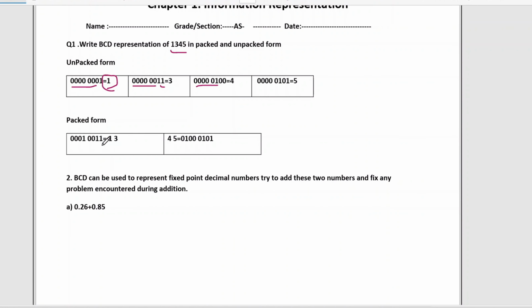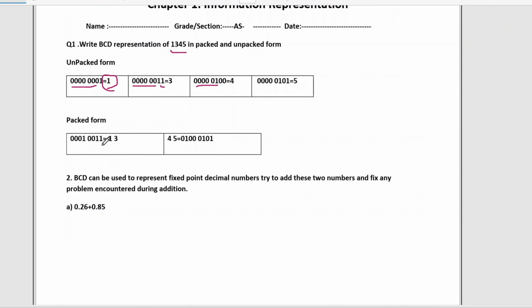Now see what we were supposed to get: 1.11. Now compare this value with what we got here. We were supposed to get this, isn't it? Okay, so we got this 1 over here.